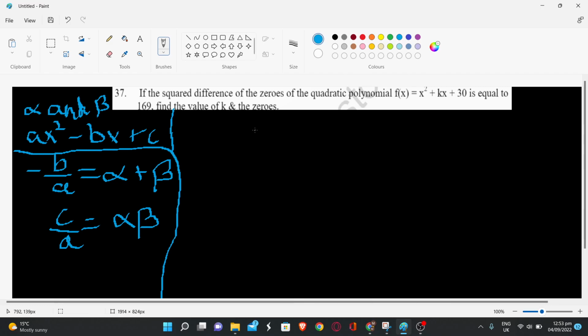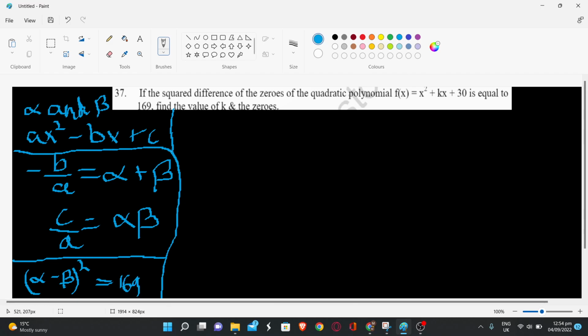Okay, now we have these two really important equations, so let's get to solving this question. Firstly, what do we know? The square difference is equal to 169. So I'll write it here. The square difference means that alpha minus beta, if I were to square this, I would get 169.